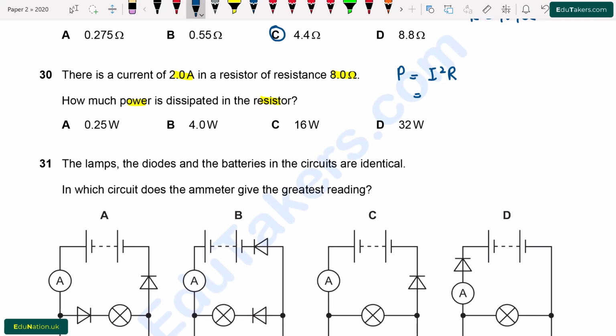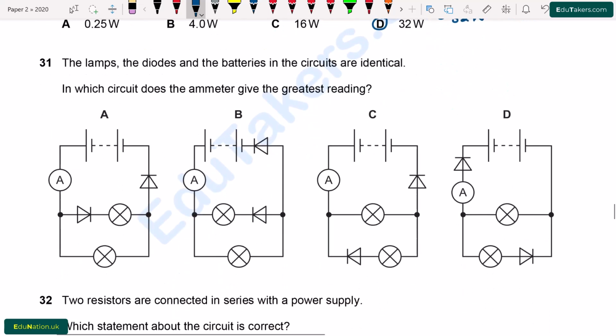So I write here 2.0 square multiplied by 8.0. It will be equal to 32, and the unit of power is watt. So from here, option D is correct.